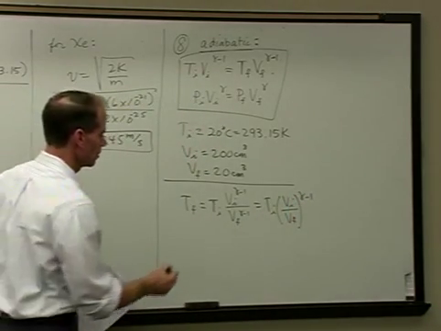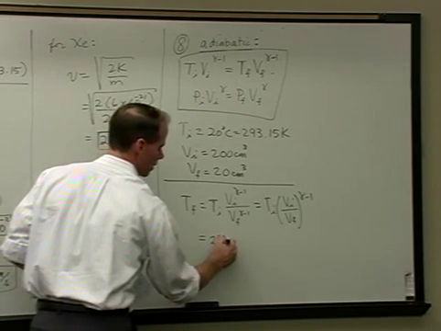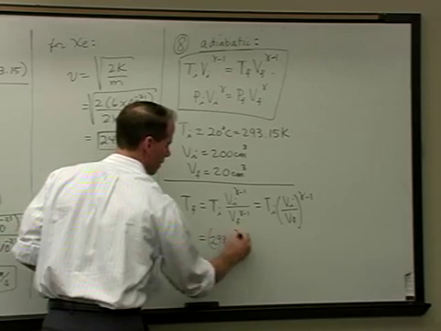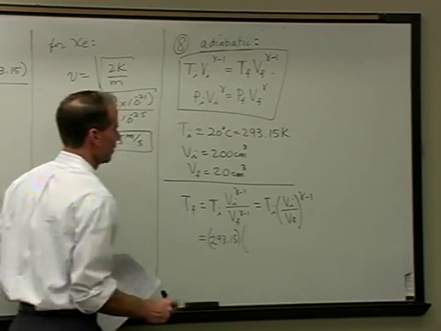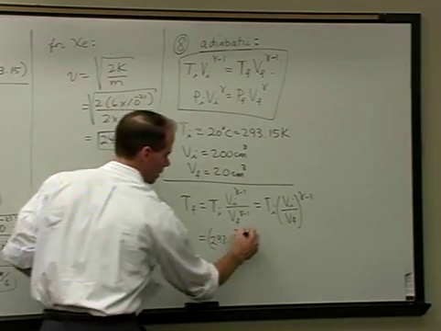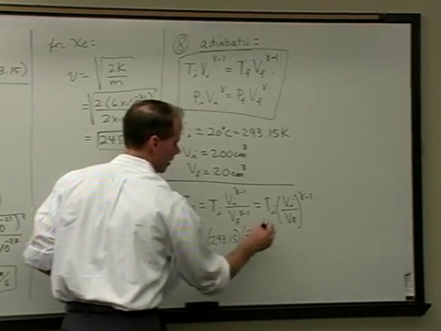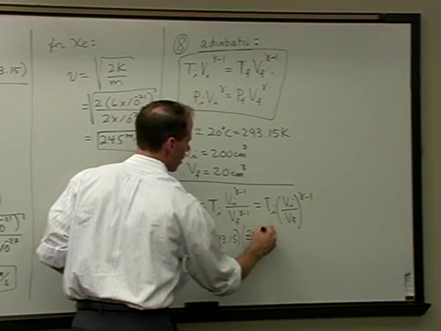Let's put in our numbers. T initial is 293.15. The initial volume was 200, the final volume is 20. And the cubic centimeters cancel out, so this should just be 10 to the gamma minus 1.